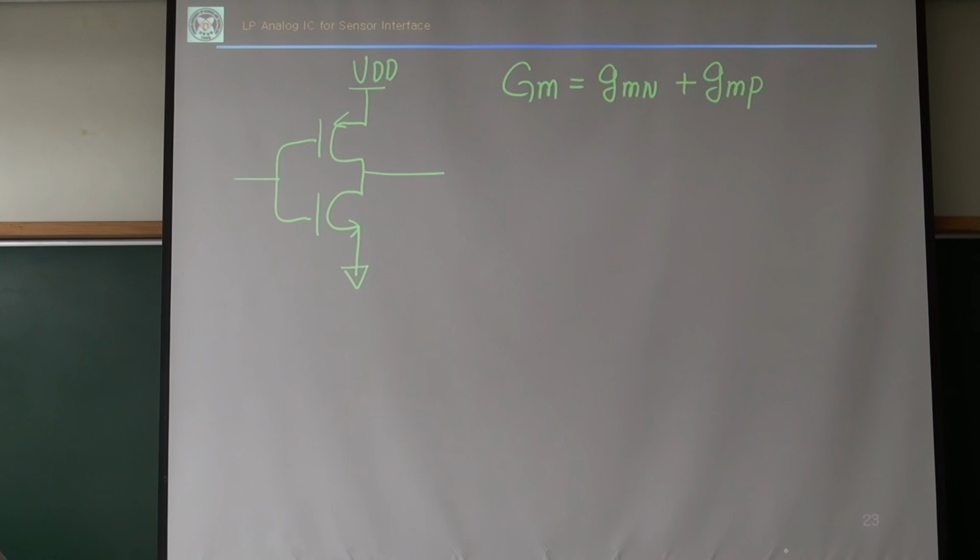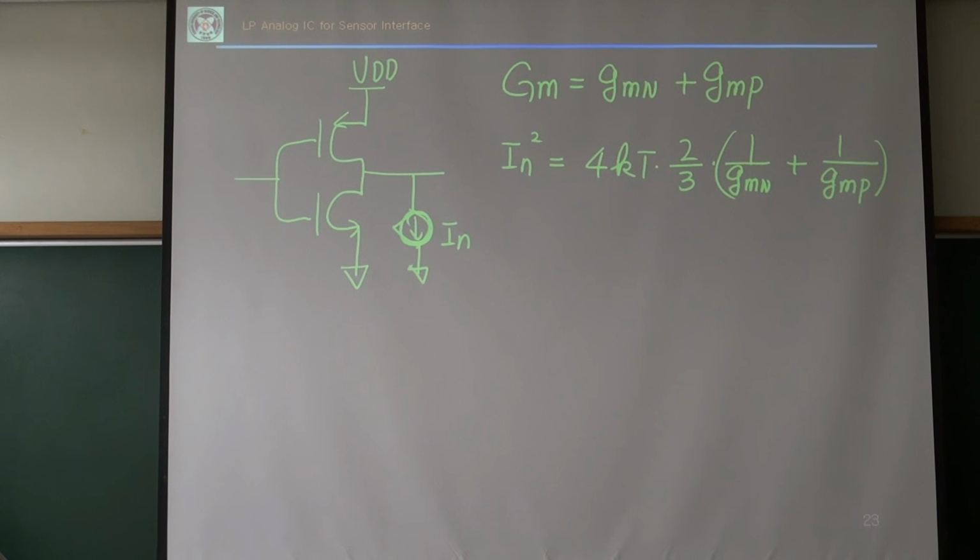And then this noise is noise current. There is some noise current here. This noise current power equals 4kT in saturation region. This is a thermal noise, in the saturation region.